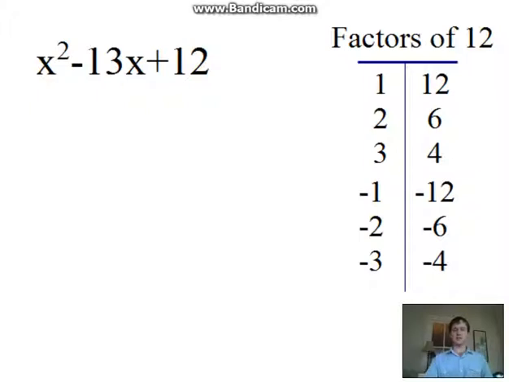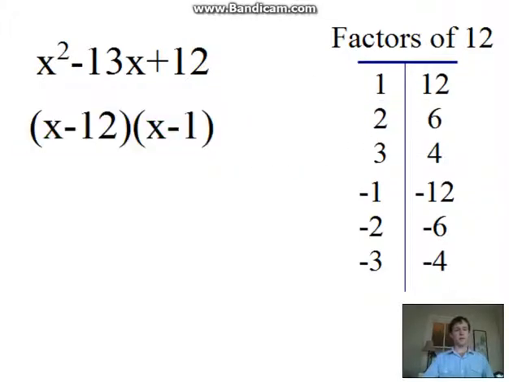These numbers here are no longer going to do us much good, because they're going to add up to a positive number. But something like negative 1 and negative 12, when you multiply those together, they're still 12. So those are also sets of factors, but they're going to add up to a negative number. For example, negative 1 and negative 12 add up to negative 13. So, bam, we have our answer.